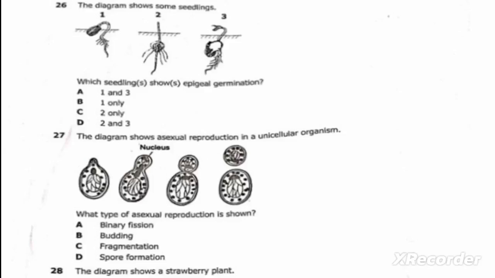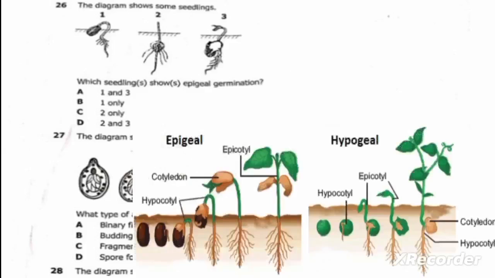So epigeal germination is the type of germination in which the cotyledon is pushed above the ground. For hypogeal germination, the cotyledon is left in the ground or it is left within the soil.